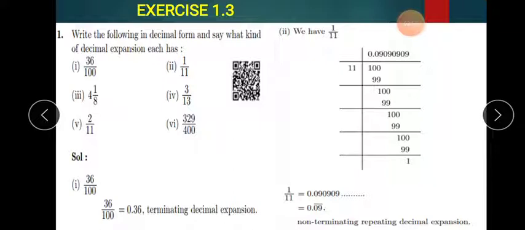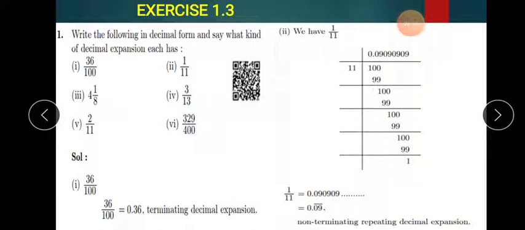Now as we can see, the bar is there and it is repeating. So we have to say it is a non-terminating and repeating decimal. Non-terminating means it is not ending, and the pattern of digits, that is 09, 09, 09, is repeating. So we have to say non-terminating and repeating decimal expansion.